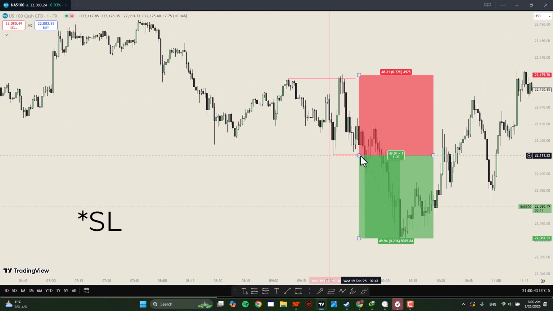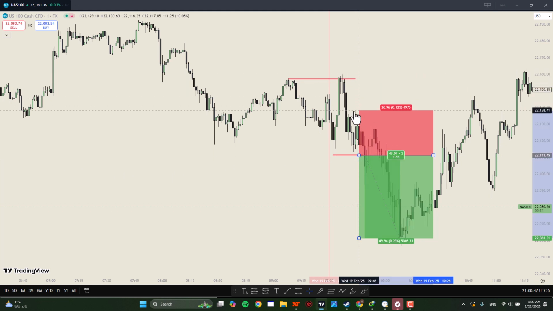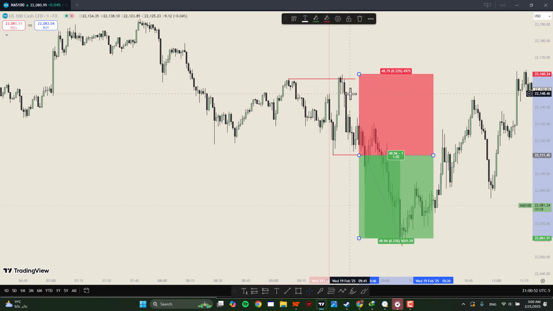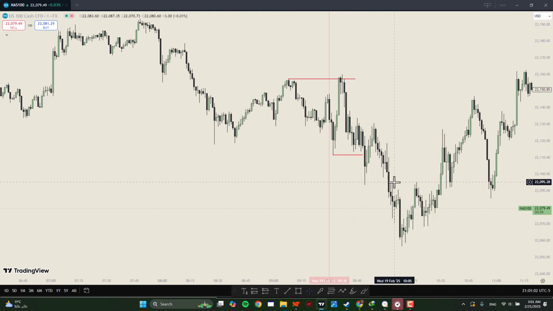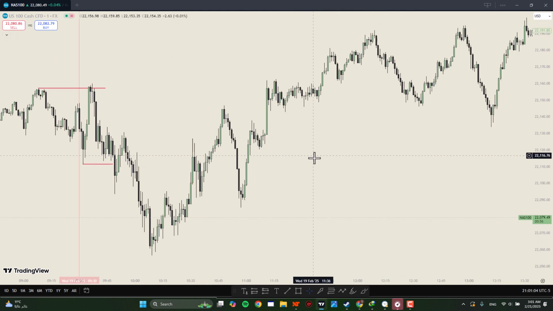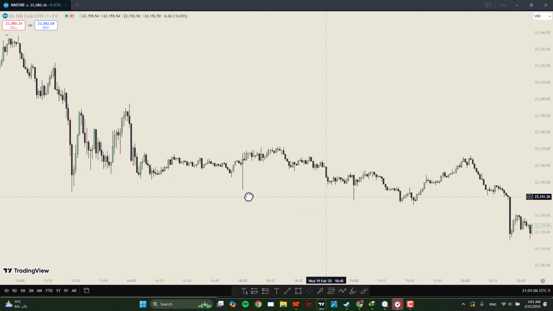Here you can see that the TP was wide, because for me this was the invalidation level. Yes, I could have put it here, but it was a bit aggressive. In this case it was a bit wide, so I didn't take a lot of hours, only one for me here. So let's remove this, and that's the first trade. If we go to the next day, it's going to be pretty much the same.